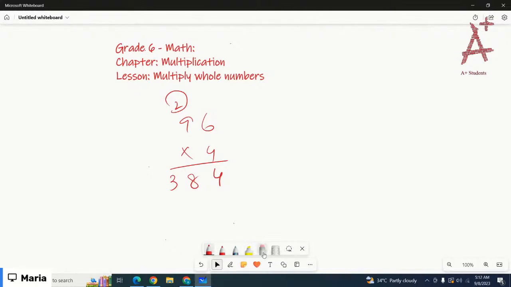Okay, the next example is 801 times 7. So how do you multiply? Which is the correct option? Start multiplying with the ones digit. 7 times 1 is 7. 7 times 0 is 0.